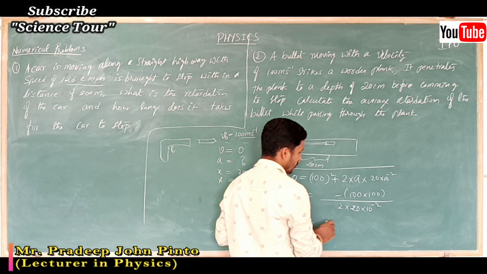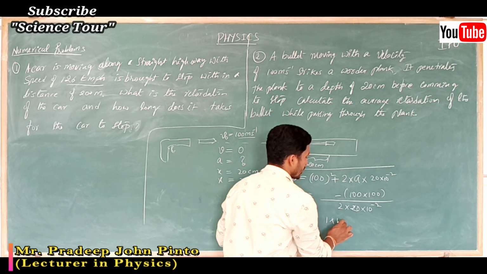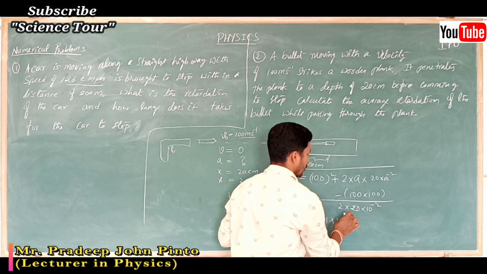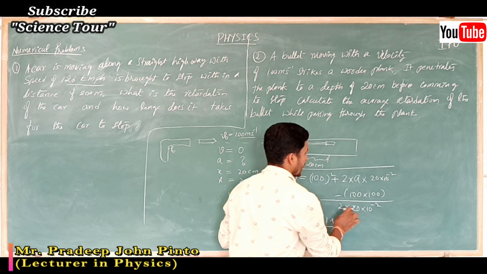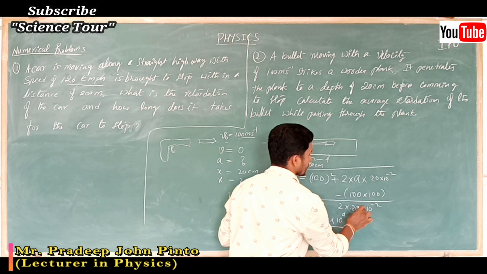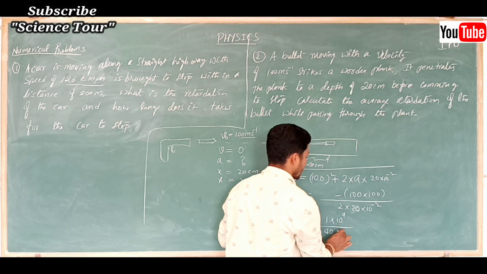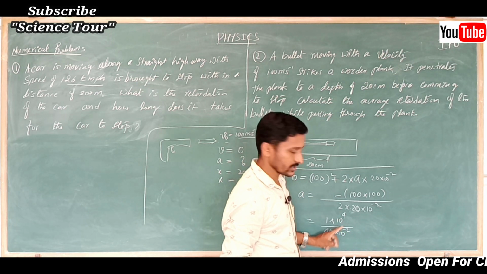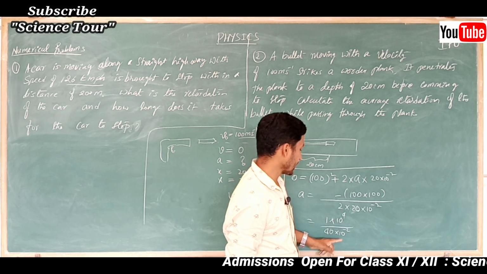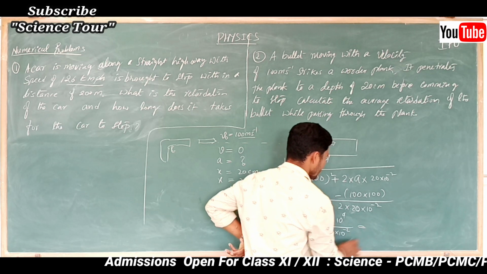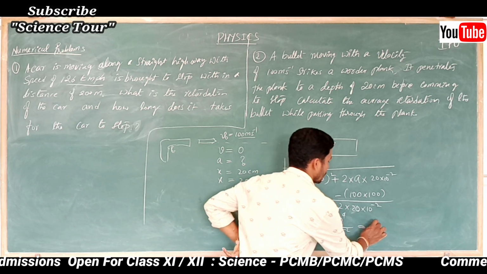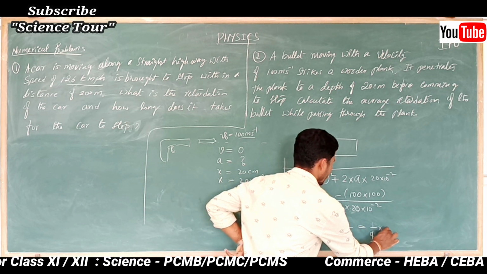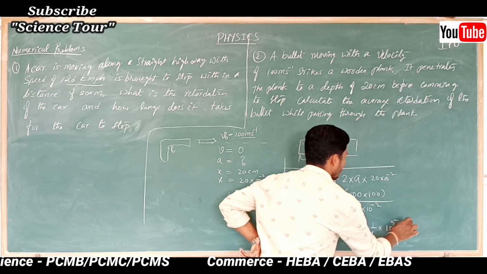Okay, so what are you going to get? 1 into 10 to the power 4 divided by 40 into 10 to the power minus 2. This one won't get cancelled, but the same power gets cancelled. So you can write here 1 divided by 4 into 10 to the power 5, right?